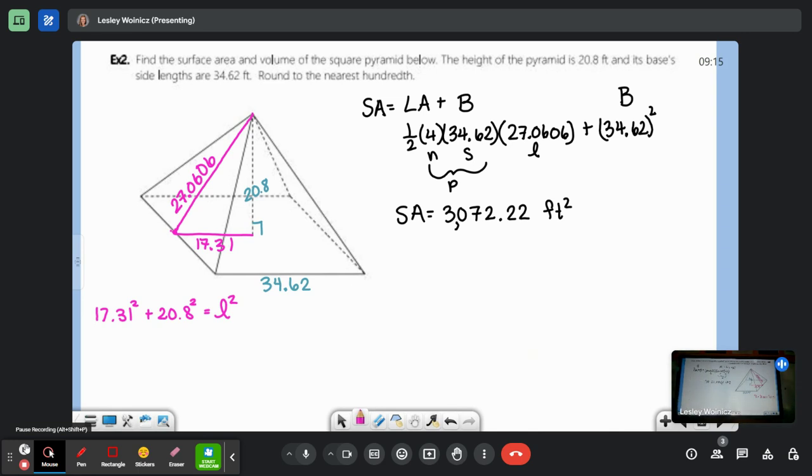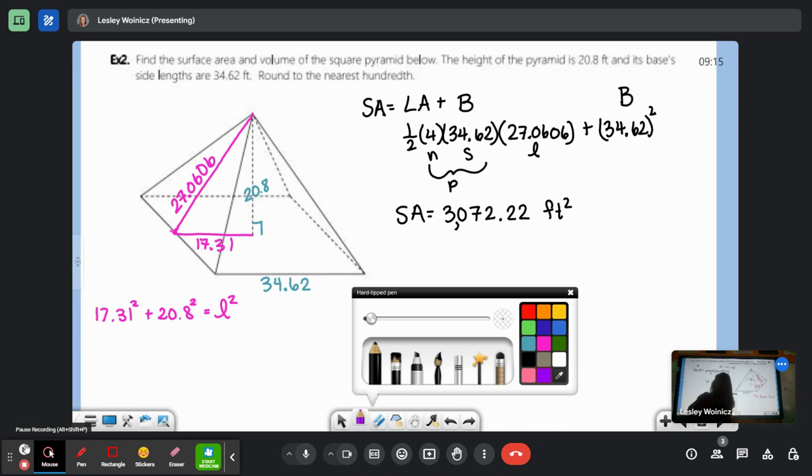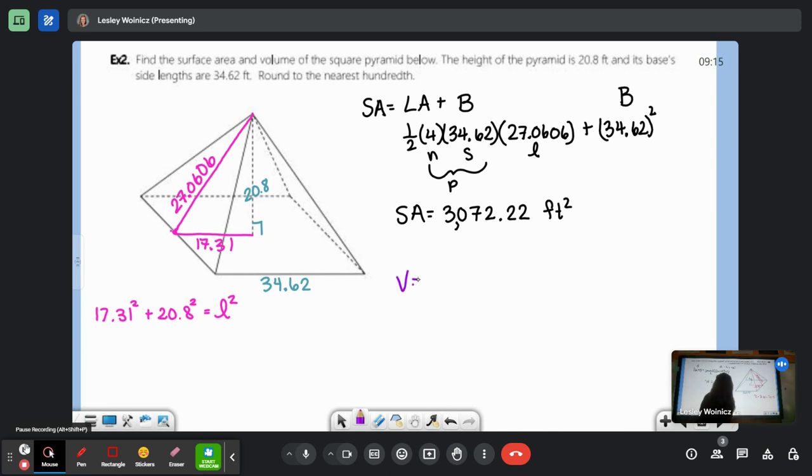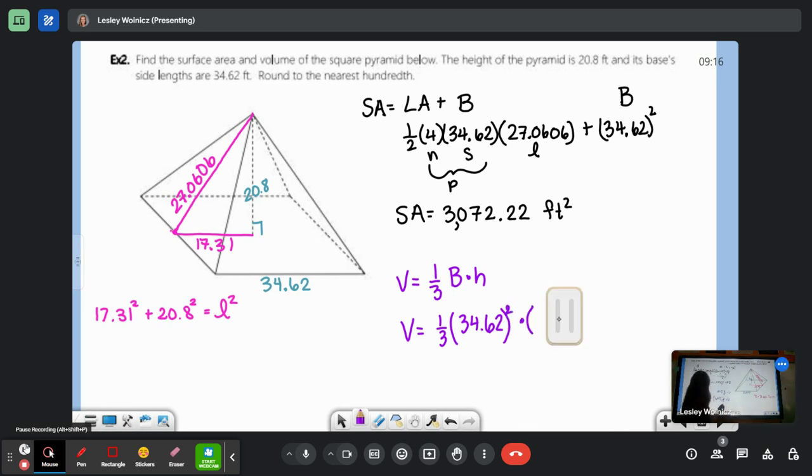Okay, so for the volume, we want 1/3 times the big base times the height. So our big base is what? 34.62 squared, and the height was 20.8.